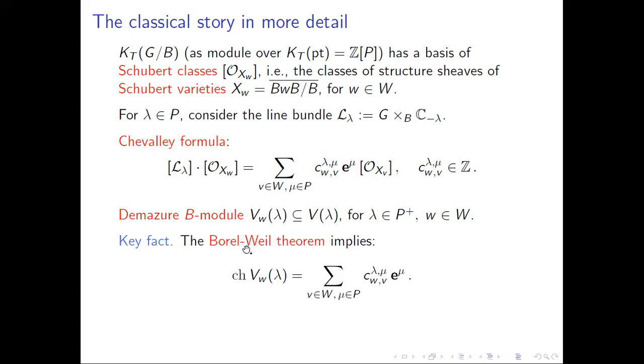And then the connection to geometry is made by the Borel-Weil theorem, which implies that the character of the Demazure module is obtained from the Chevalley formula simply by ignoring the Schubert classes here. So you just sum up these integer coefficients times e to the mu. So this records the dimensions of the weight spaces in the Demazure module.